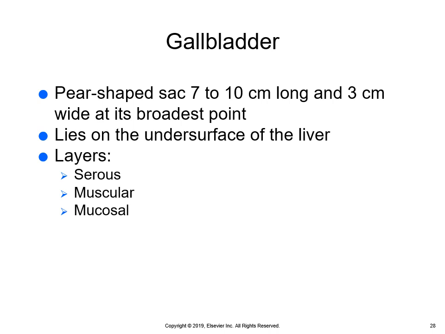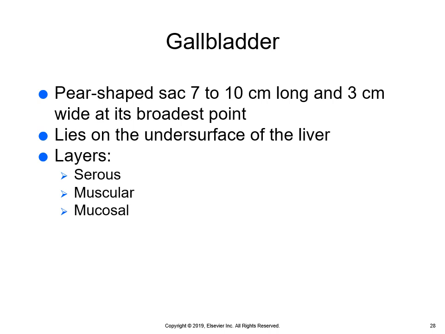So the serous layer is the outermost layer. It's like the peritoneal covering that protects the gallbladder. Then the middle layer is the muscular layer, and it's composed of smooth muscle fibers that contract in order to eject the bile into the duodenum, however you choose to pronounce that word.